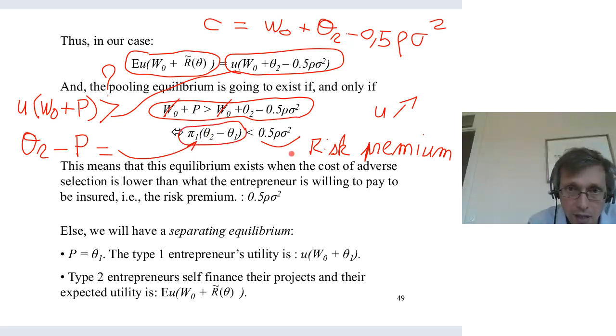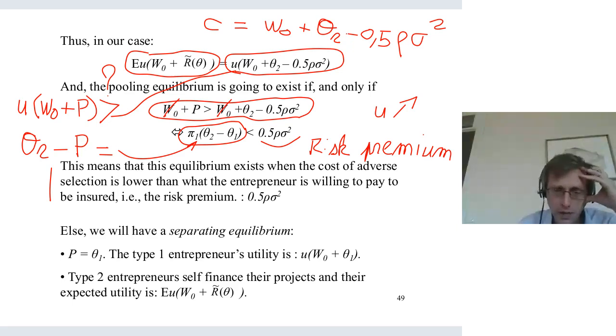So you see that this is very intuitive, because if the risk premium is higher than the loss of money, then you accept the price. You prefer to be insured because you are ready to pay more for being insured compared to what you are losing. So this means that this equilibrium exists when the cost of adverse selection, the left-hand side, is lower than what the entrepreneur is willing to pay to be insured, which corresponds to the risk premium.